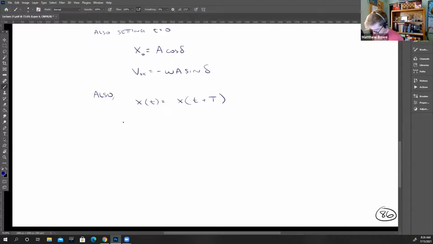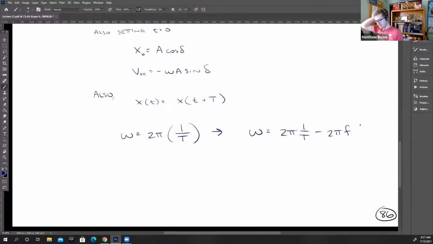And just throwing equations out here. We have another way to find omega. That is 2 pi over T, where T is the period, minus the frequency.